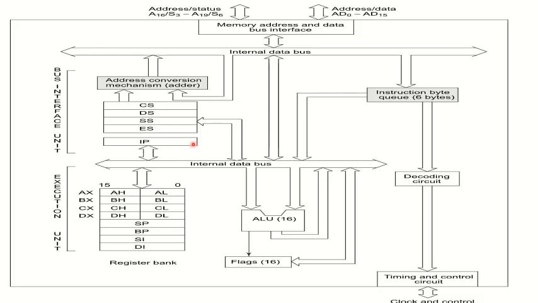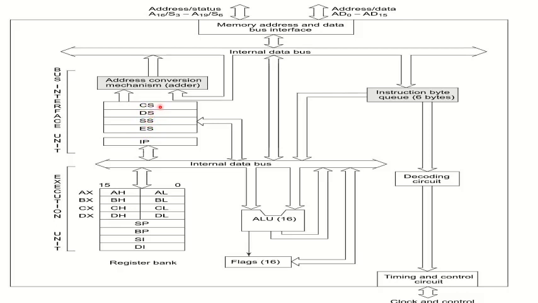These are the different segmentation registers. The concept of memory segmentation has already been discussed in your earlier classes. These are the code segment register, data segment register, stack segment register, and extra segment register. In the 8086 microprocessor, the whole memory is divided into different segments.